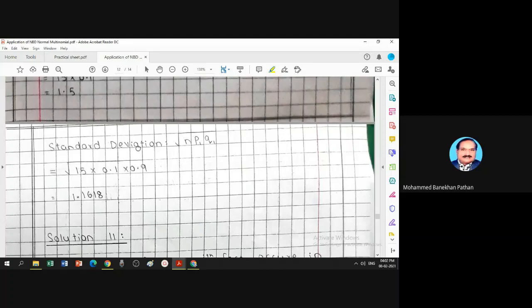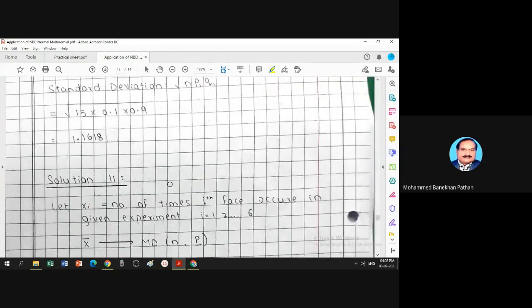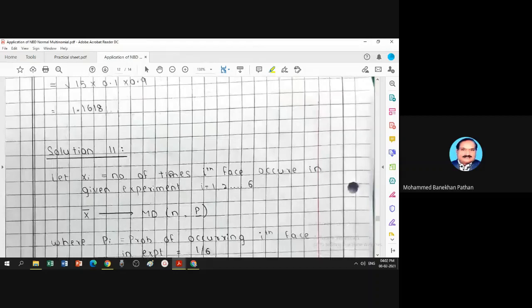Taking the root, we get standard deviation. Root of 15 multiply 0.1, Q is 1 minus P, that is 0.9. Simplify, that is the answer. So this is the solution, this is the application of multinomial distribution.